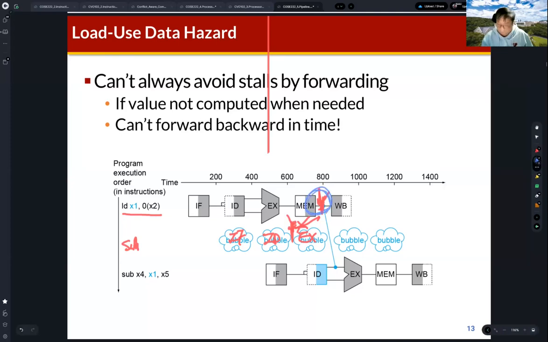In this case, the next instruction needs to be delayed by 1 clock, which means that 1 clock is wasted. So we cannot avoid this situation. If the former instruction is the load instruction, like load word, then 1 clock is wasted. So this is the data hazard.